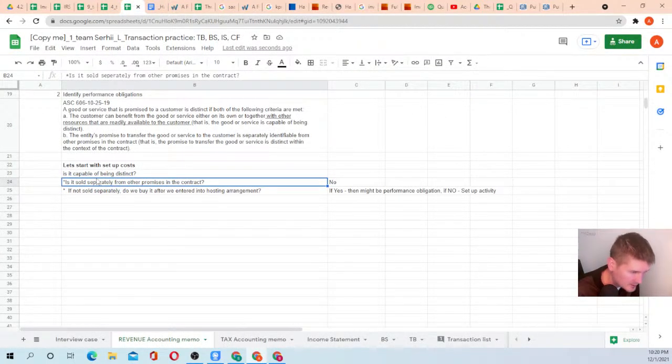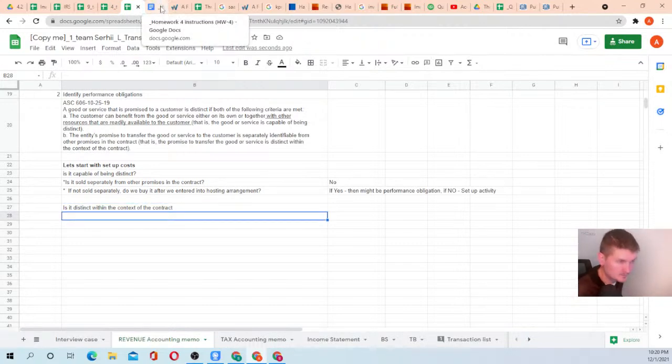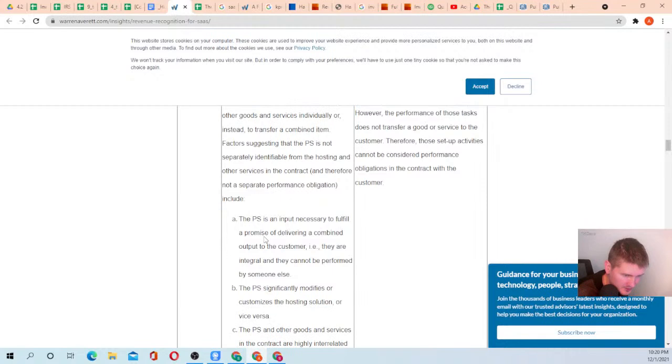Okay, so is it capable of being distinct? And the second question is, is it distinct within the context of the contract? And what option do we have here?